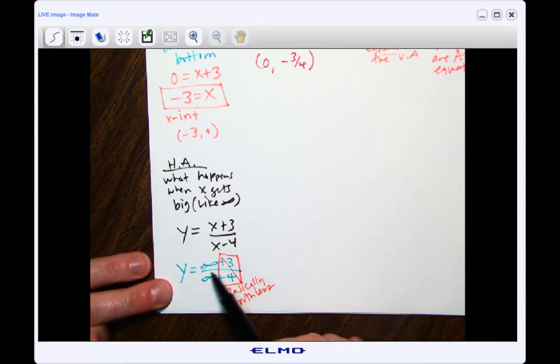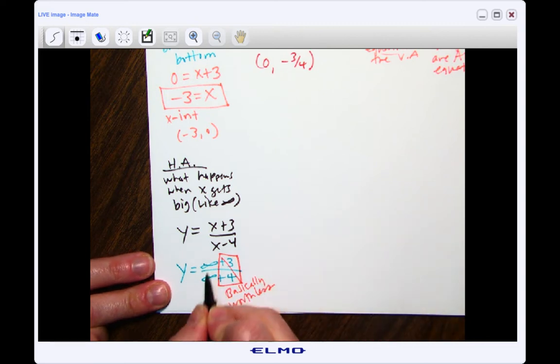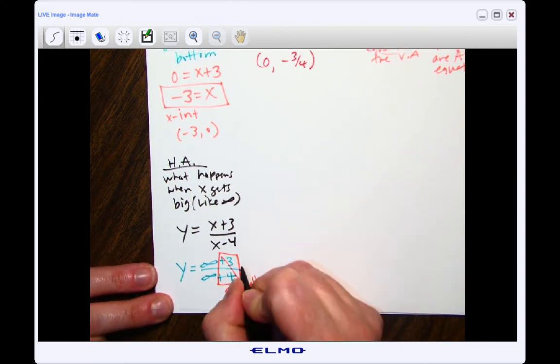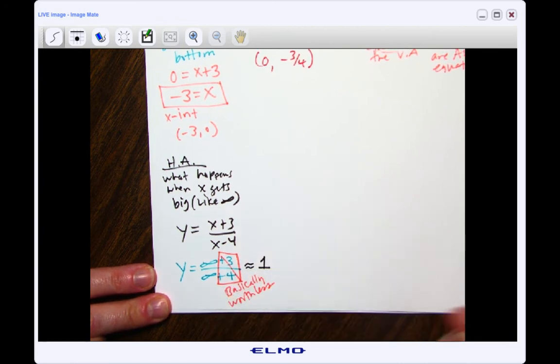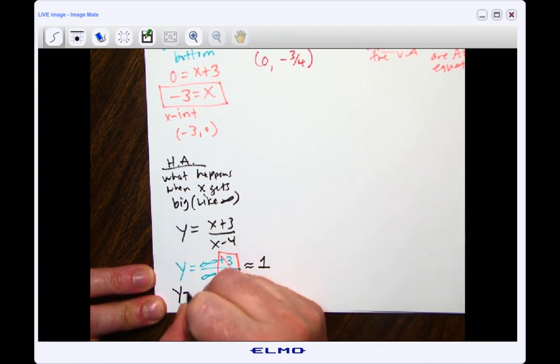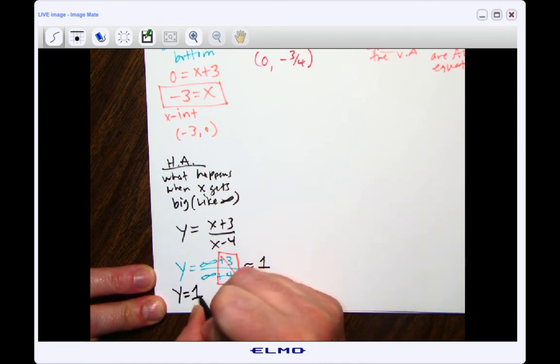So if you had 10 million and 3 over 10 million and 4, what number is that close to? It's close to 1, right? So this is close to infinity over infinity, which reduces to approximately 1. So our horizontal asymptote is y is equal to 1. That's my horizontal asymptote.